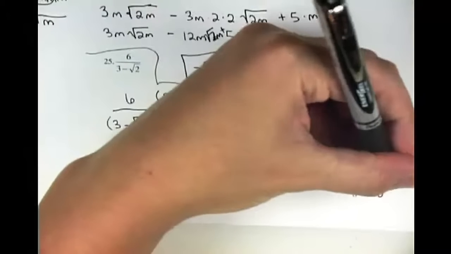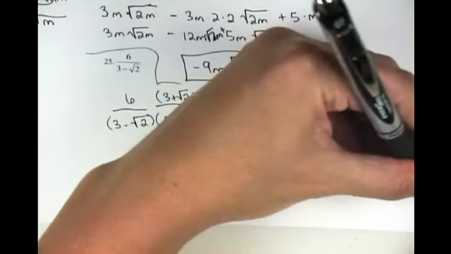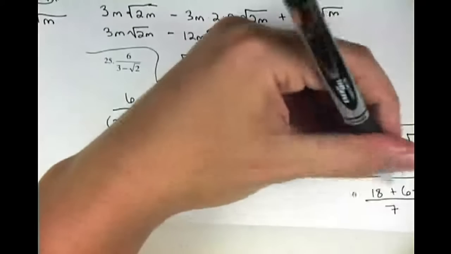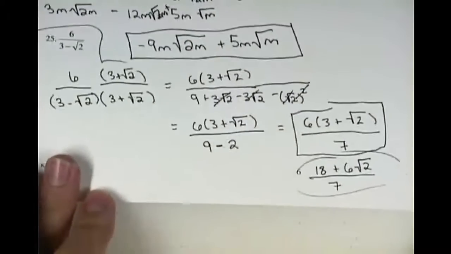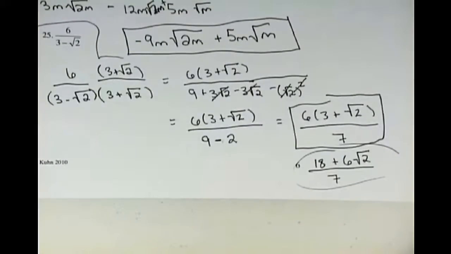Another answer would be 18 plus 6 square root of 2 all over 7. That's also acceptable. Sometimes your answer is fine, it's equivalent, but it doesn't quite match up to the back of the book, and that's nothing to be alarmed about. Remember, they can't get all the different variations. They try to just get the one that is most simplified or most mathematically proper.